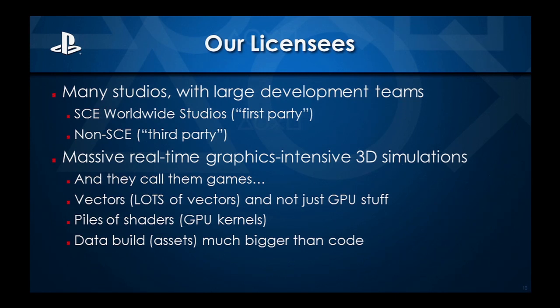So it turns out that the data build really dominates the build time. If you're going to build the entire game from scratch, you're pre-computing all kinds of graphics, textures, shading, lighting, all that stuff. You pre-compute as much of that as you can so that you just load it and go, if at all possible.